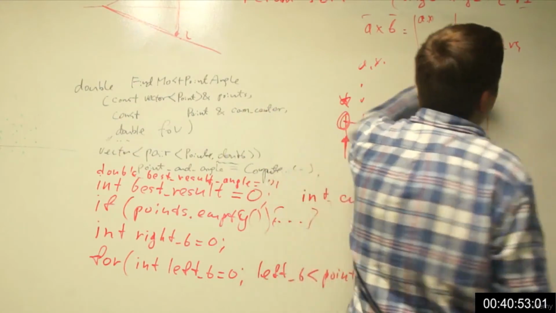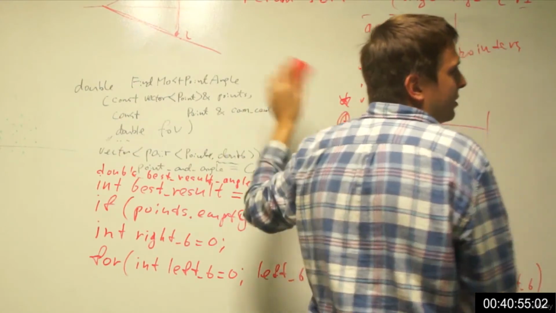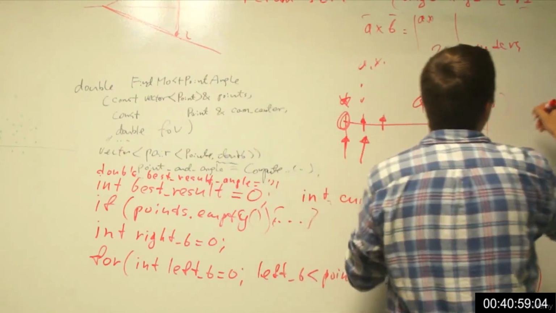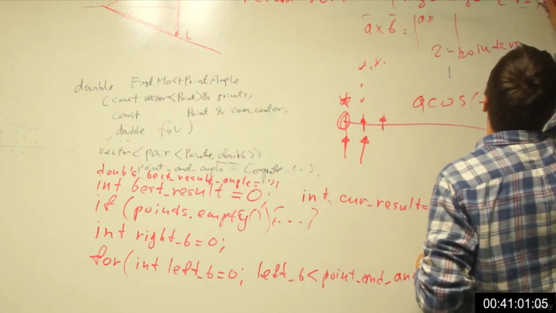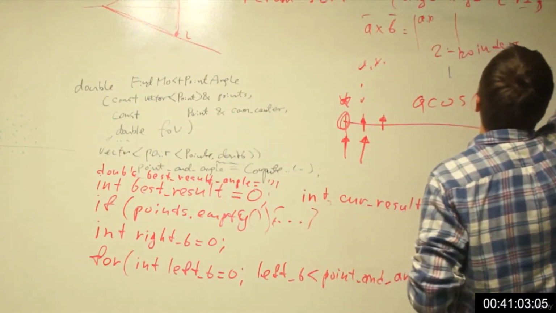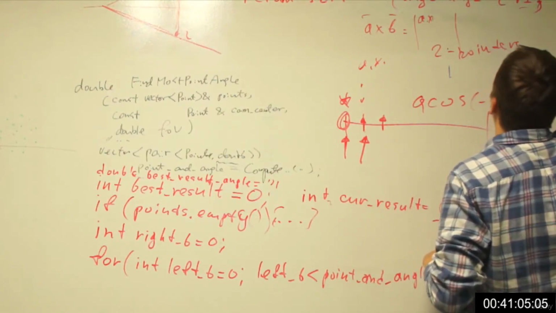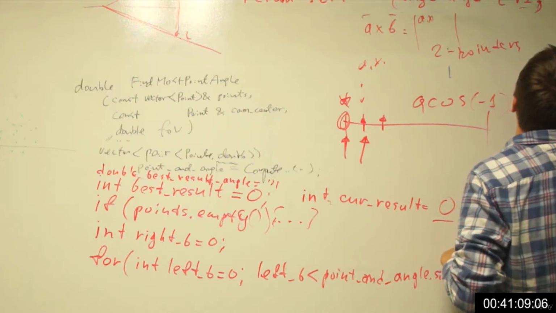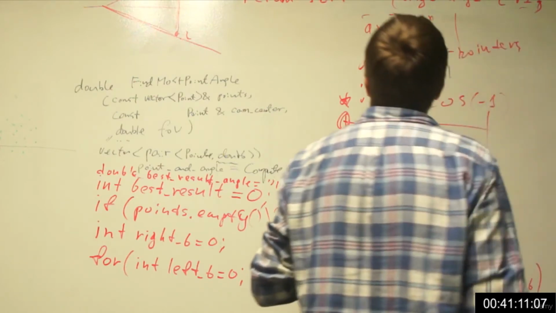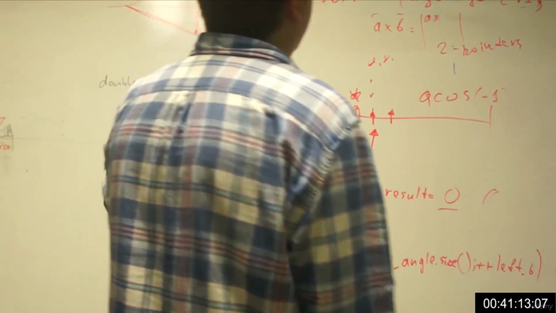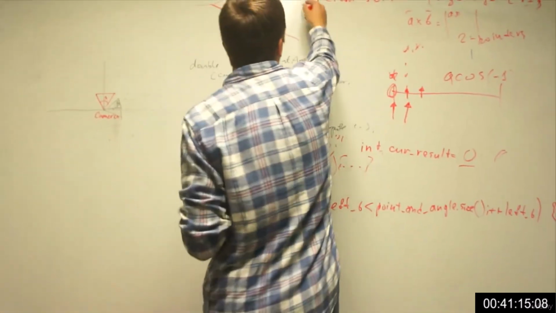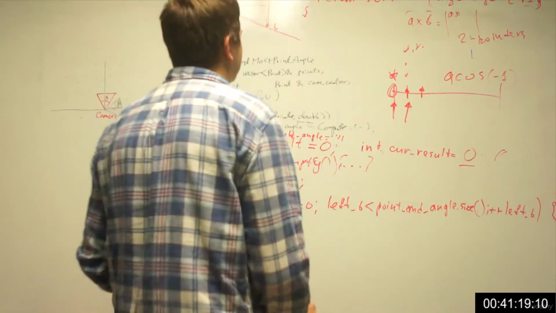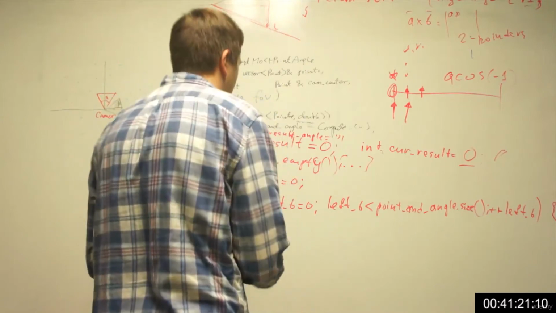We can use math pi, or define it as acos of minus 1, it doesn't matter. So this is the angle between two points.